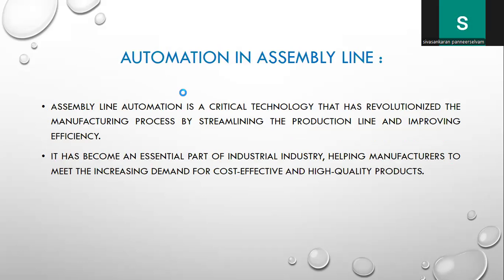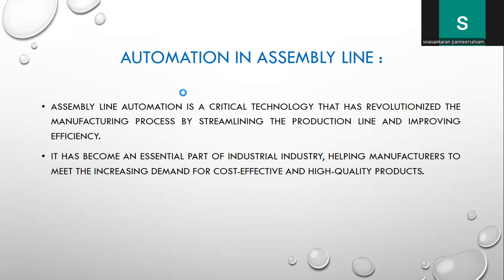So now let us move to the core theme of the topic planned for today, automation in assembly line. So what do you mean by that? Generally speaking, assembly line automation is one of the most critical and challenging technologies that has brought many new modernization changes by equipping the computer assisted manufacturing process, systematically streamlining every production process as per the plan and improving the assembly performance efficiency.